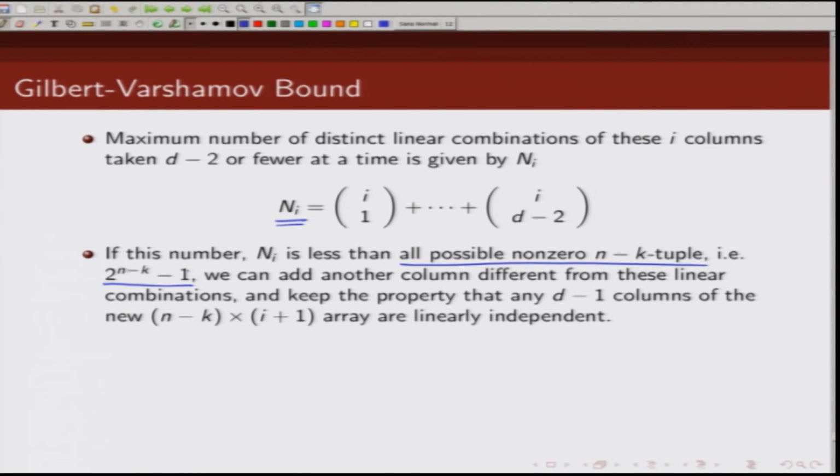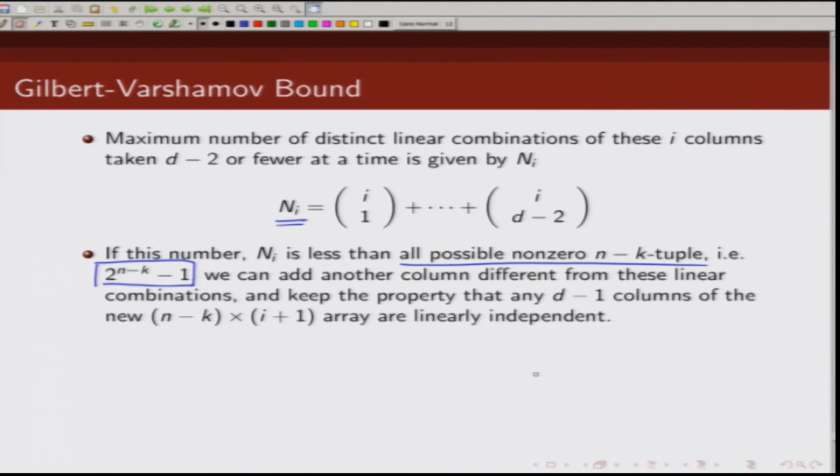Now, if this number Ni is less than this number, what does it mean? We can find another n minus k tuple which would be linearly independent of any of these combinations of columns.